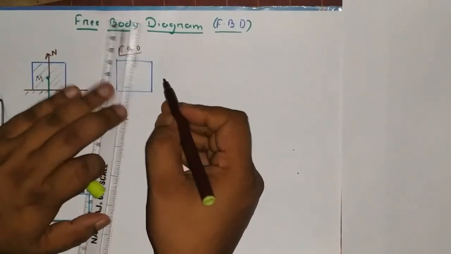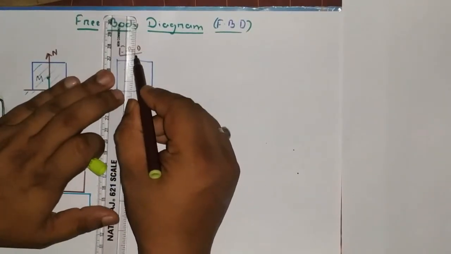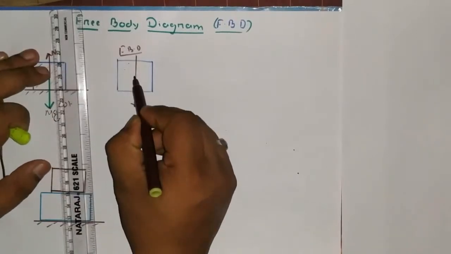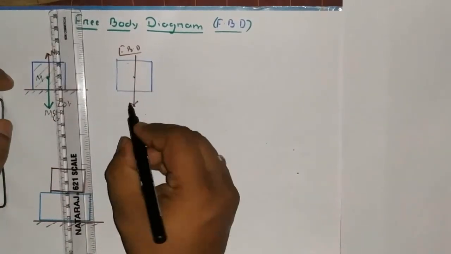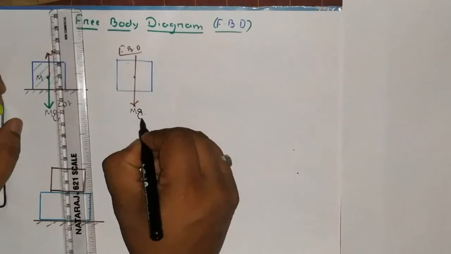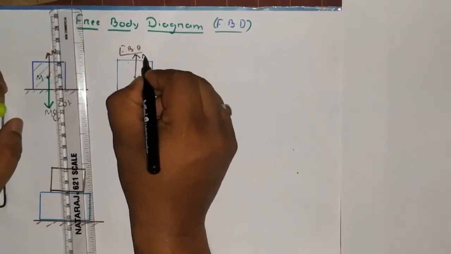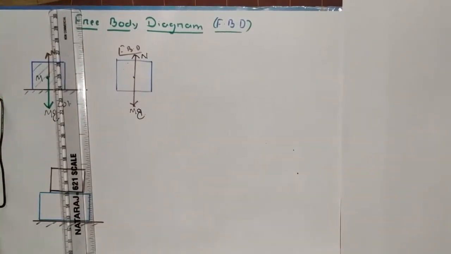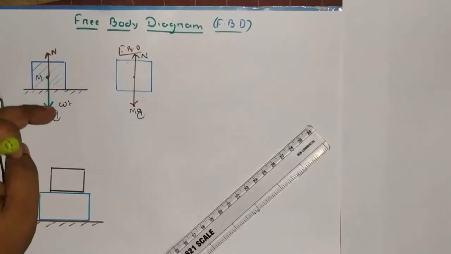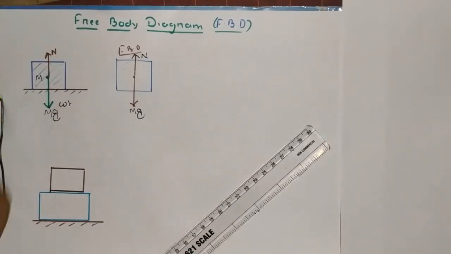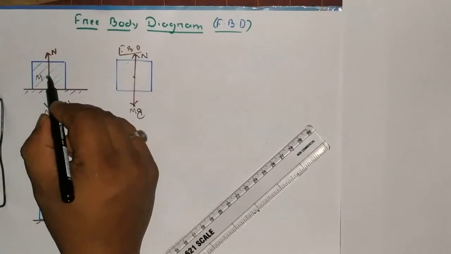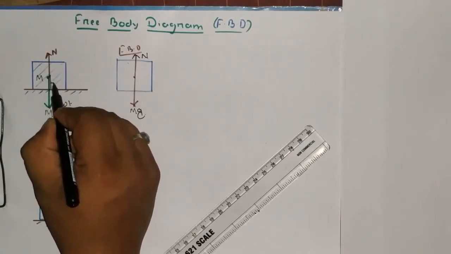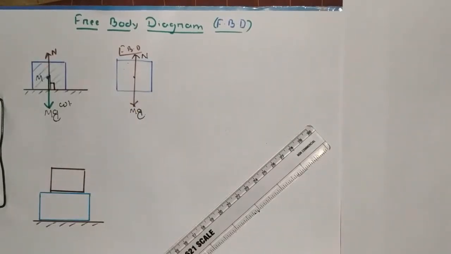So who is acting here? If I draw it properly, I will get two forces. What are those forces? One is mg, another one is the normal force. Always normal force is acting from the ground to the body perpendicularly. Again I am telling, from ground to the body perpendicularly. That's why its name is normal force.